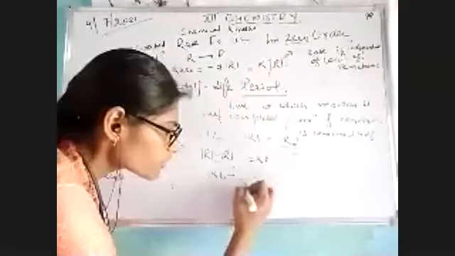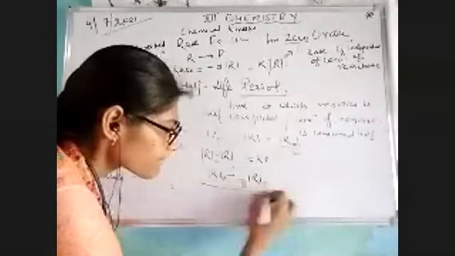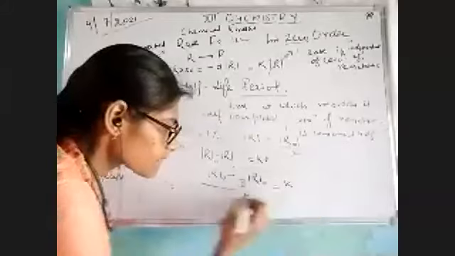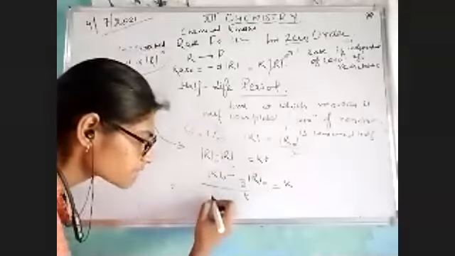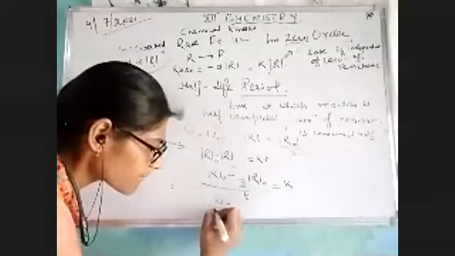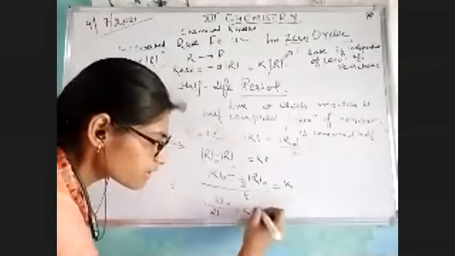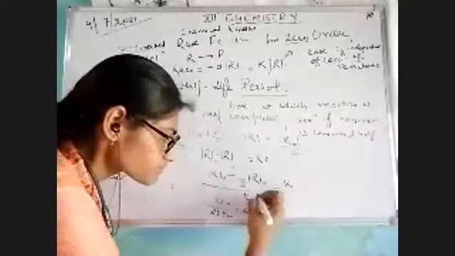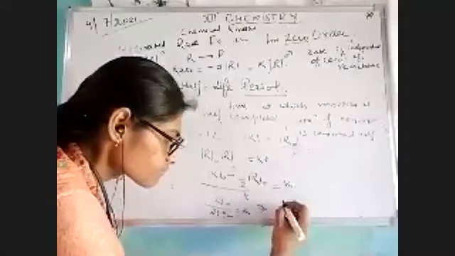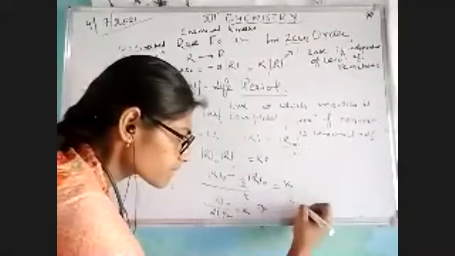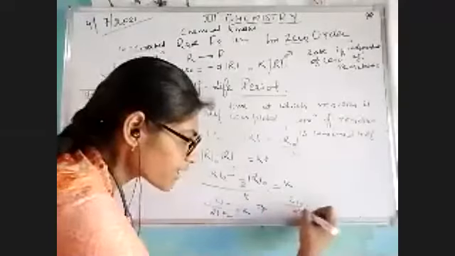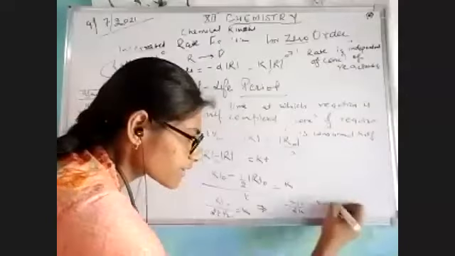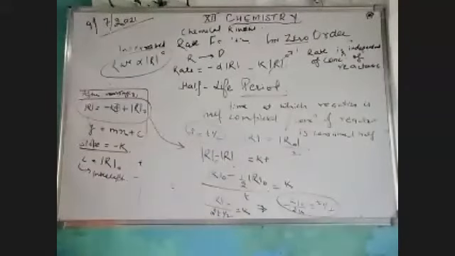Half of R naught. We would solve it and we would get R naught by 2 equals to KT, or we can write R naught by 2K equals to T half. So this is my formula for the half-life period of the equation.